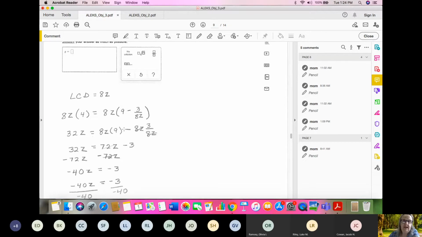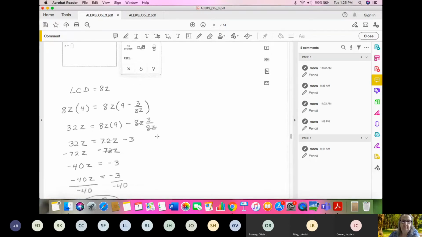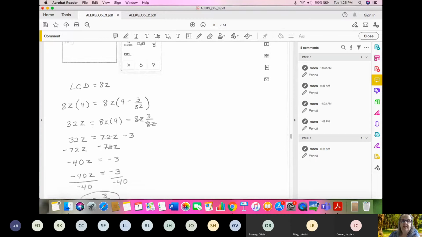You can sneak in a plus sign if you want to. 8z times 3 over 8z. Now this 8z and this 8z cancel. So you can see how this LCD helped us eliminate the fractions.